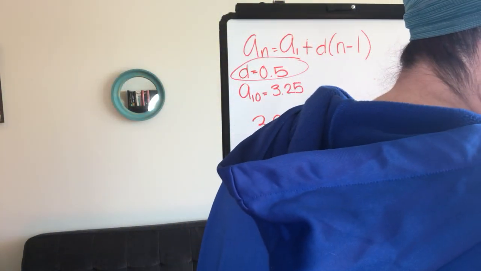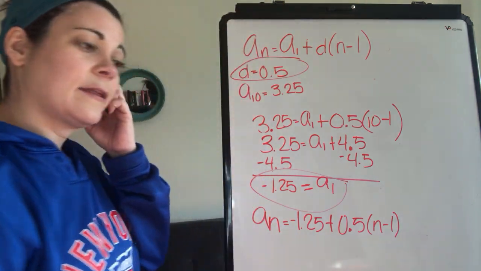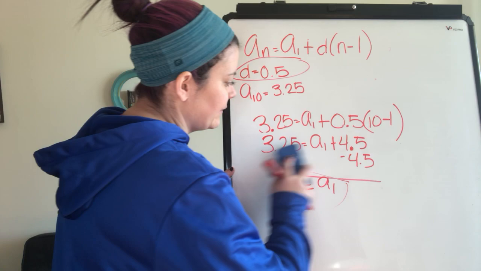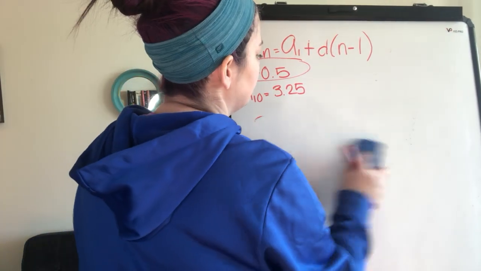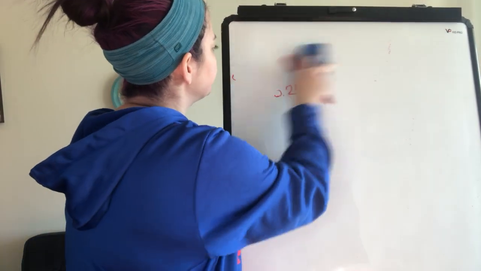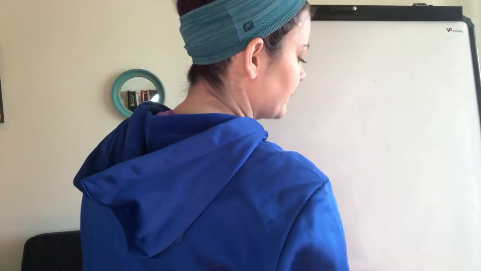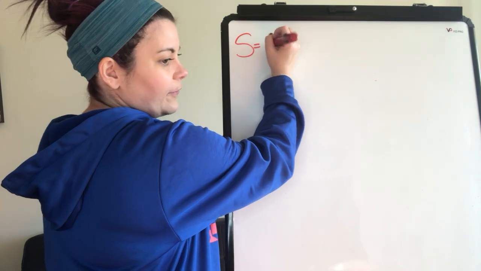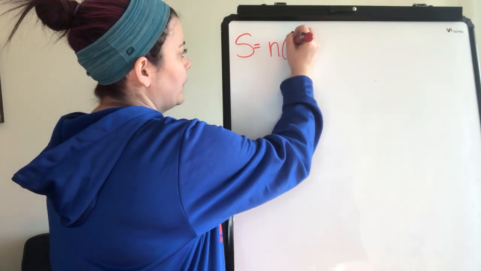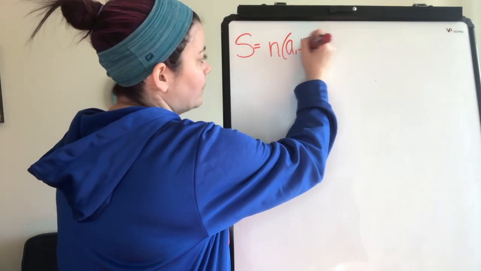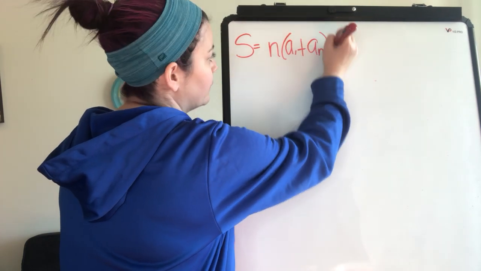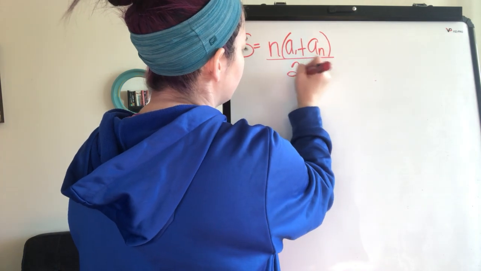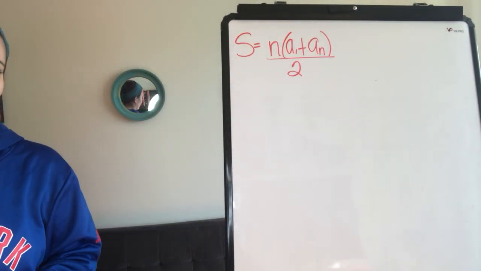Okay, the next thing you want to learn is how to figure out the sum of a series. So the sum of an arithmetic series. It's found by n times a1 plus a to the n, and then all divided by 2.